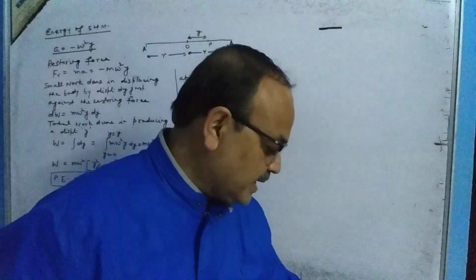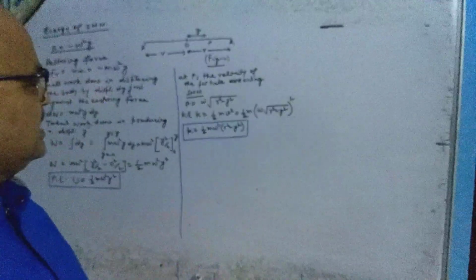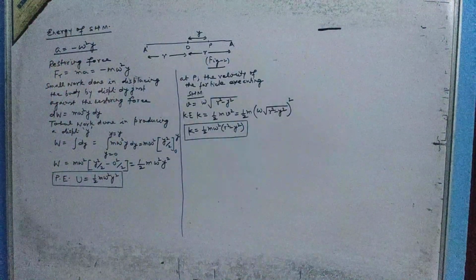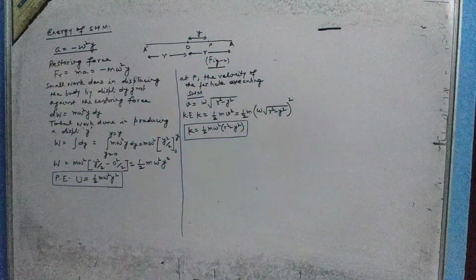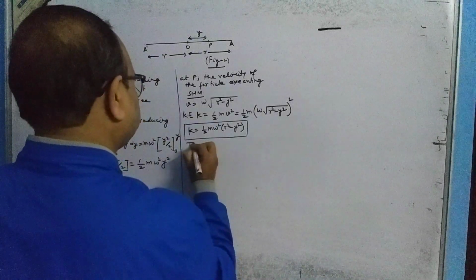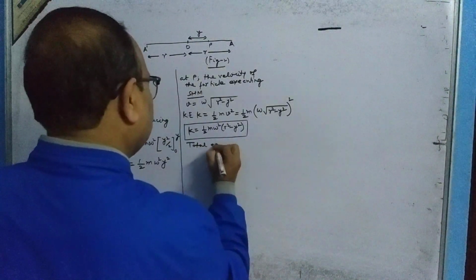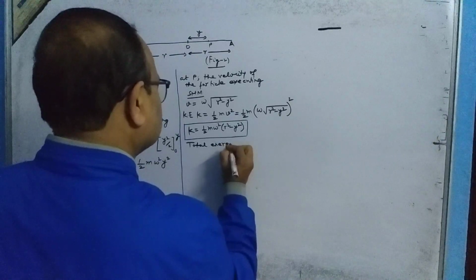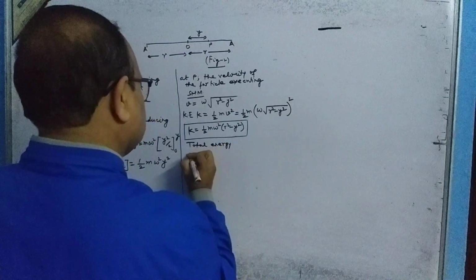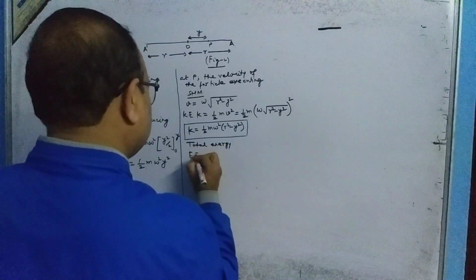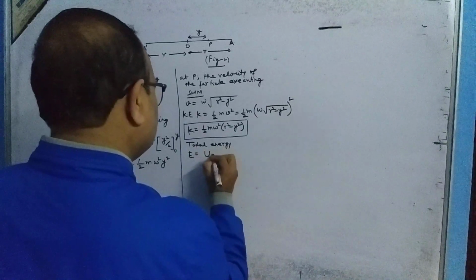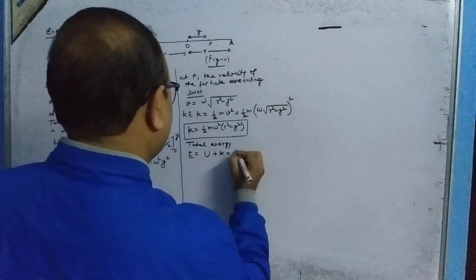Now we got kinetic energy, then we can easily find out the total energy. That is not at all a problem. What will be the total energy? Total energy, that is E, should be U plus K. How much?